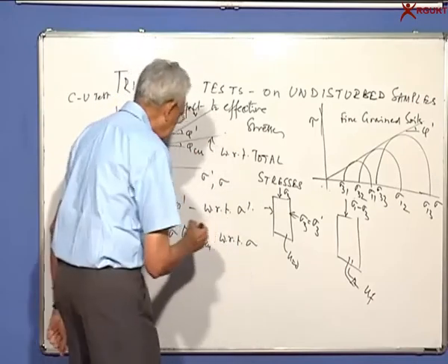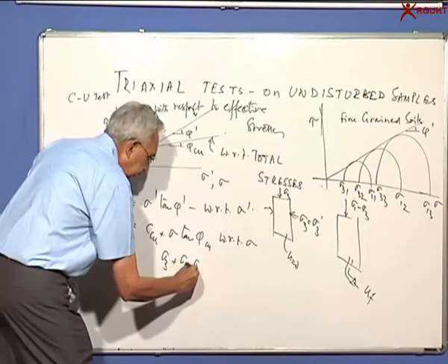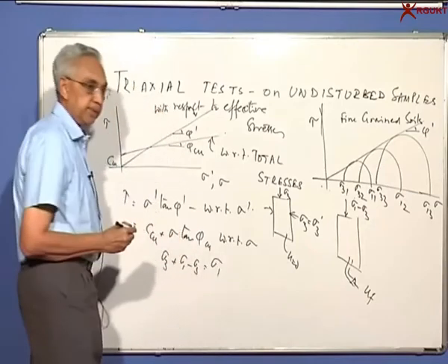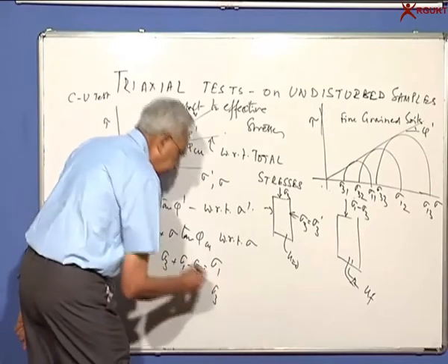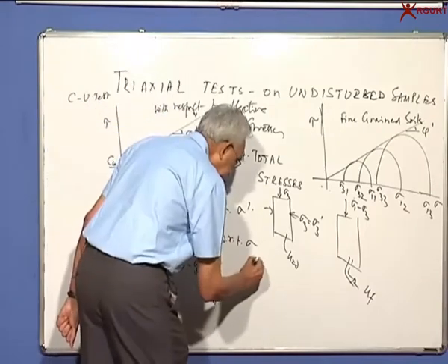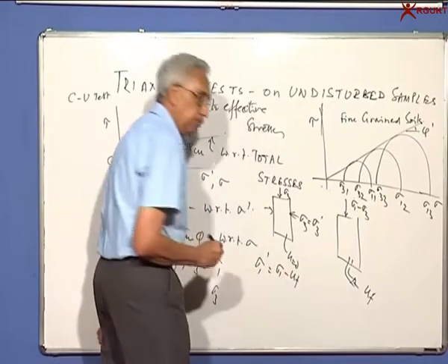And now I can say the total stresses are sigma 3 plus sigma 1 minus sigma 3, which will give me the major principal stress sigma 1, and the minor principal stress, of course, is sigma 3. But in terms of effective stresses, sigma 1 prime is equal to sigma 1 minus u_f.